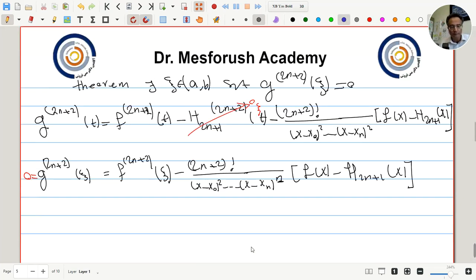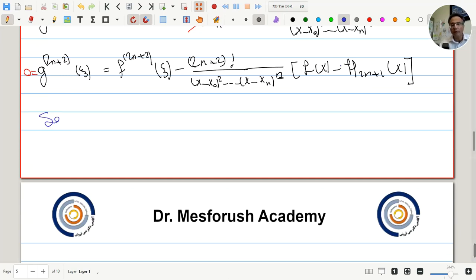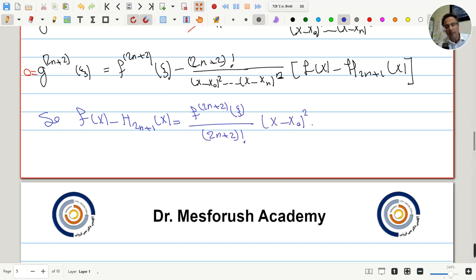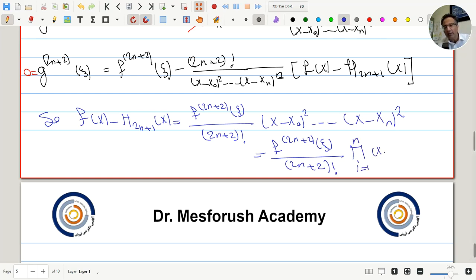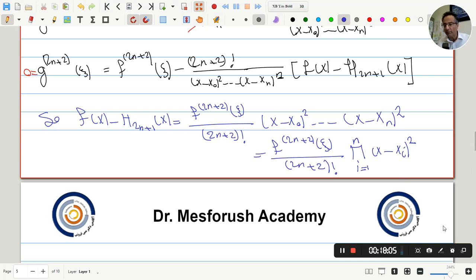So f of x minus h_{2n+1} of x will be equal to f^(2n+2) at c over (2n+2) factorial times (x minus x0) squared times (x minus xn) squared, and this is equal to f^(2n+2) at c over (2n+2) factorial times the product for i equal to 0 to n of (x minus xi) squared, and this completes the proof.